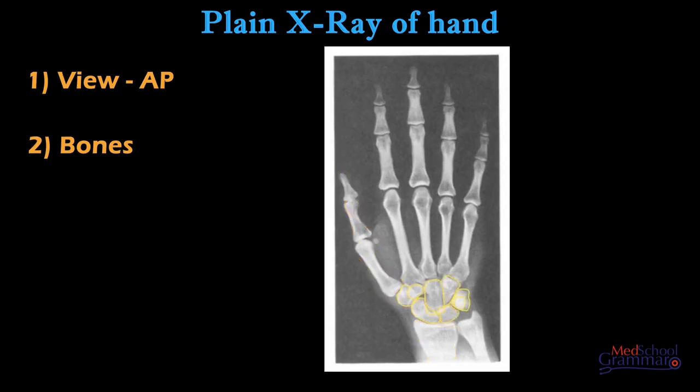The carpal bones are arranged in 2 rows of 4 bones each. In the proximal row, the bones from the lateral to the medial, or from the thumb to the little finger, are scaphoid, lunate, triquetral and pisiform. Pisiform appears as a shadow. The mnemonic is "she looks too pretty."